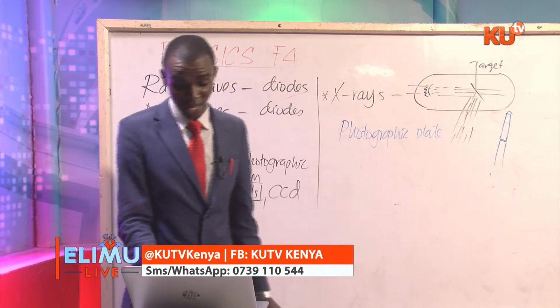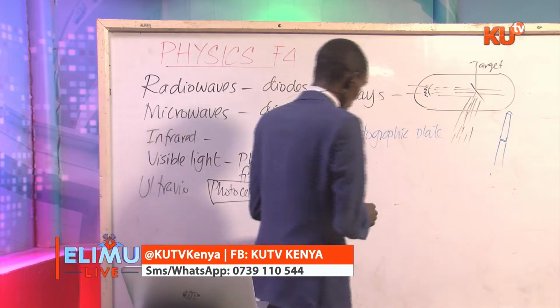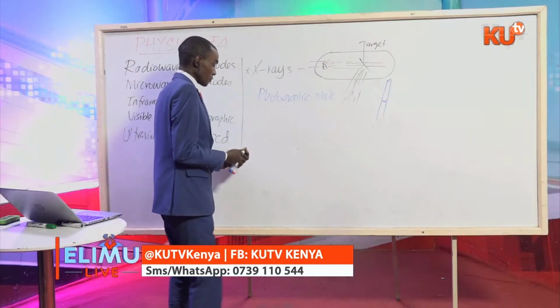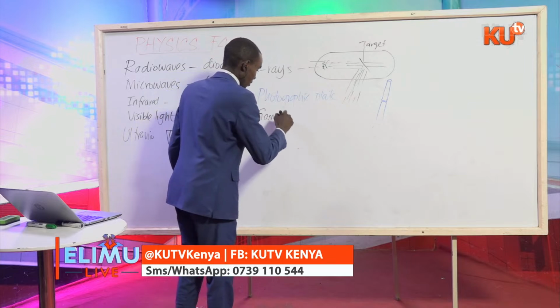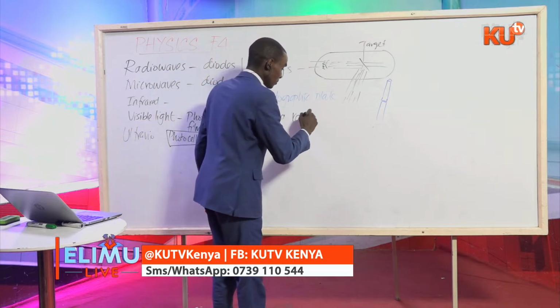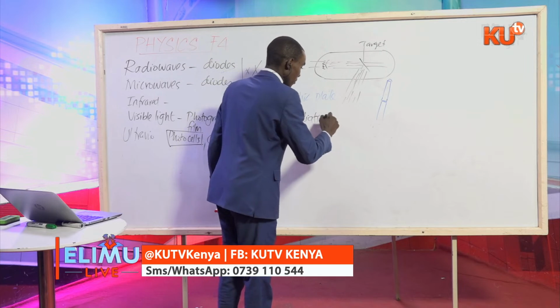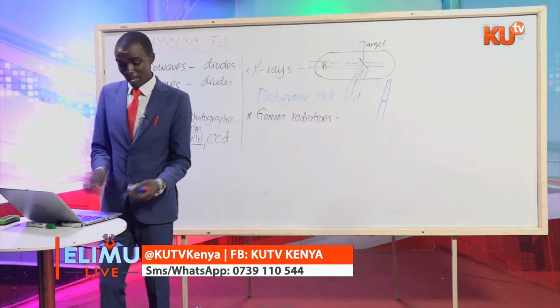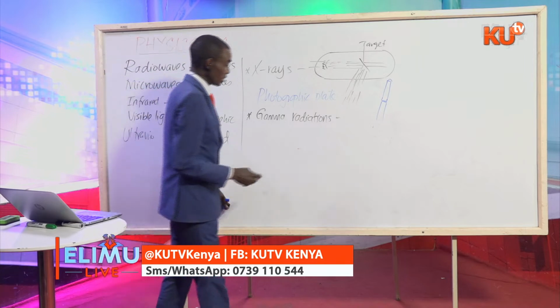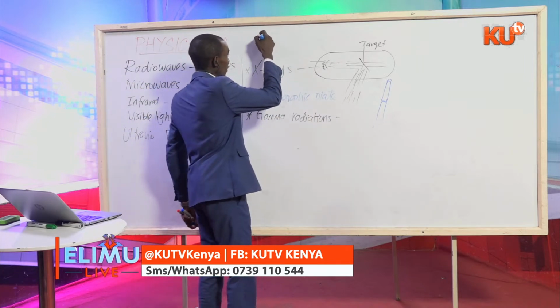Now we're moving on to the last one. In this case, we are talking about gamma rays or gamma radiations. This gamma, there's another topic in Form 4 that we shall be delving into much later called radioactivity.